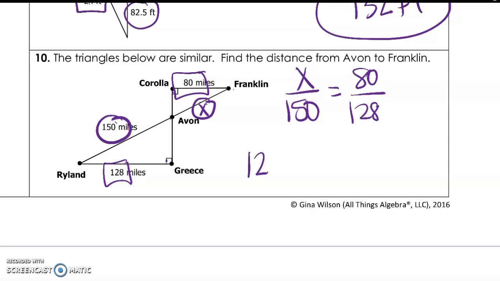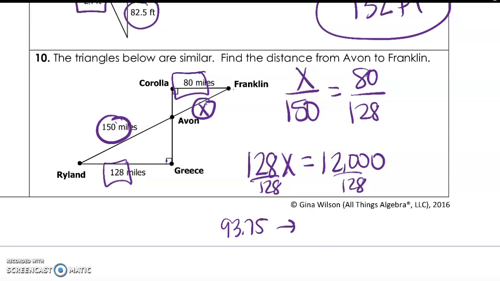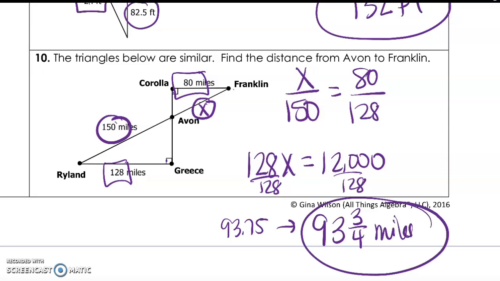Cross multiply, 128x is equal to 12,000. Divide, and we end up with 93.75. So you need to change that to 93 3/4 miles.